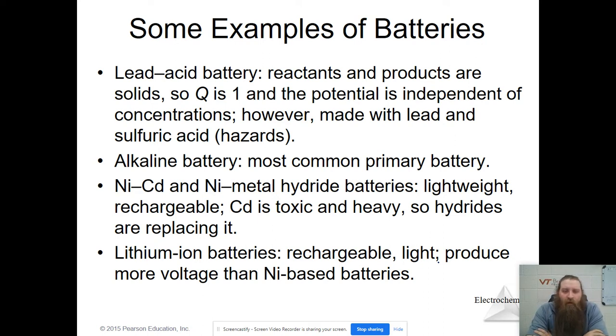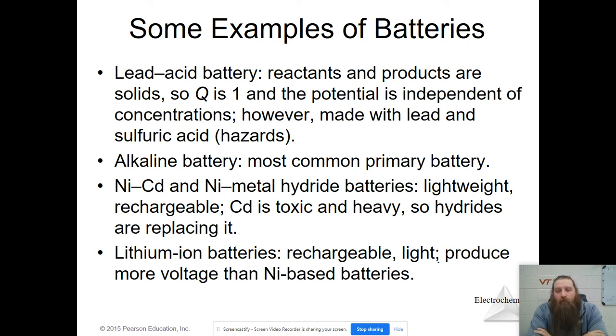There are also NiCad batteries, like nickel cadmium or nickel metal hydride batteries. These are pretty useful. They are lightweight and rechargeable, but unfortunately cadmium is toxic and heavy. It makes the battery heavy. When you're making something like 1.5 billion per year, you have to ship them, and the heavier the batteries are, the more it costs to ship, the more carbon emissions you have, and the greater the carbon footprint of the product.